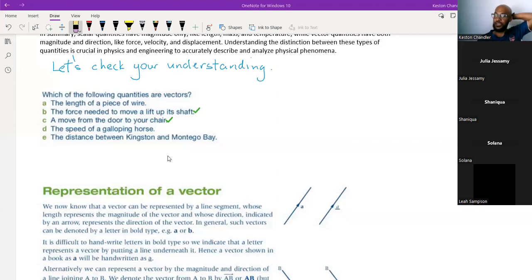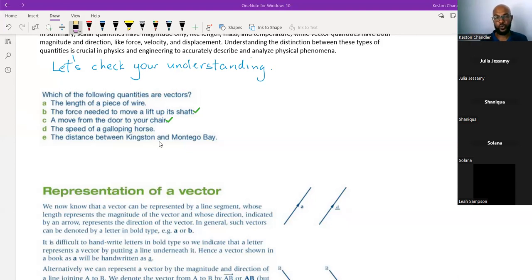Right. So just to recap, the vector quantities out of these are going to be B and C. The length of a piece of wire is a scalar quantity. That's only capturing one dimension, the length. The force needed to move or lift up a shaft, we're talking about magnitude, the size of the force, and direction to move it up.